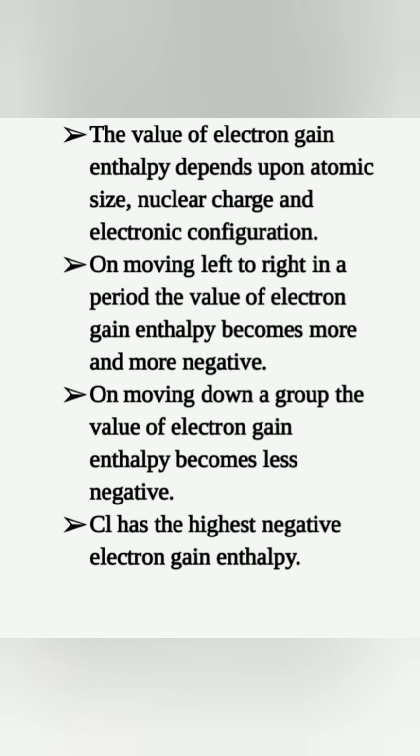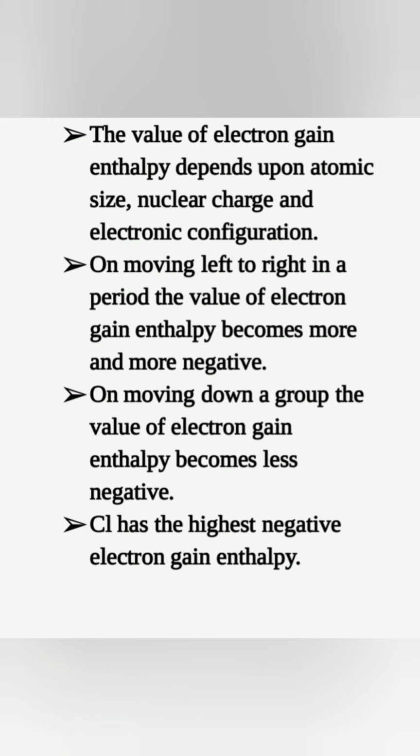The value of electron gain enthalpy depends upon the atomic size, nuclear charge, and electronic configuration. On moving left to right in a period, the value of electron gain enthalpy becomes more and more negative. That means halogens have a high negative electron gain enthalpy value, but at the extreme end, the noble gases, it will be a positive value. On moving down the group, the value becomes less and less negative.